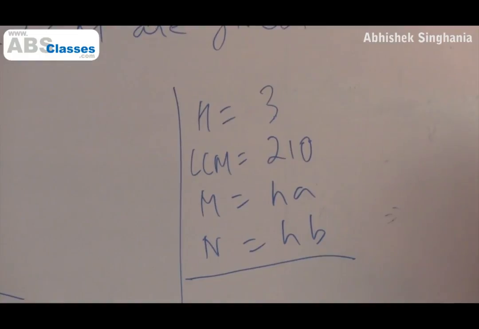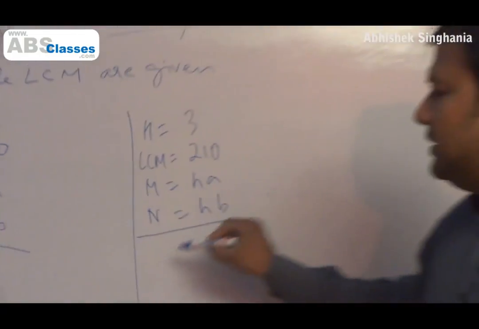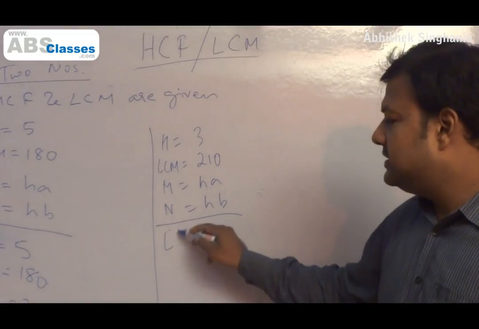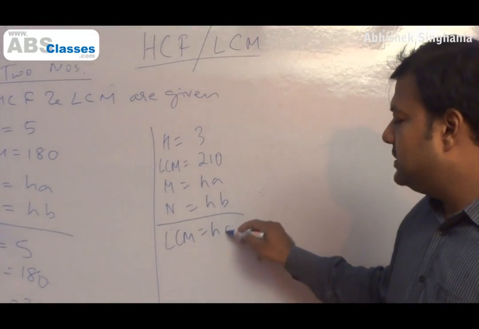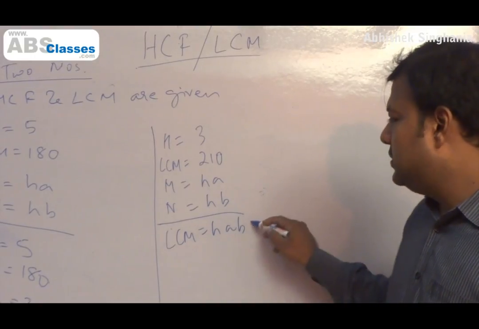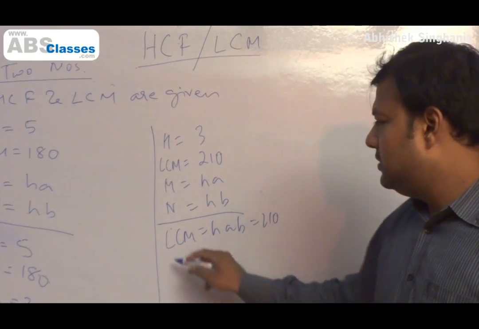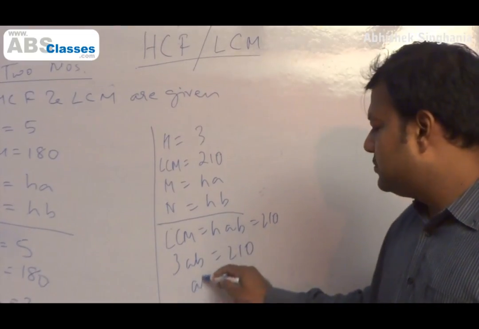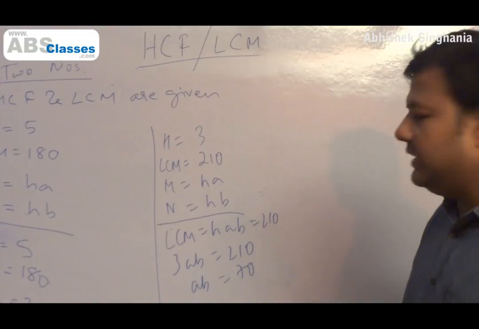HCF is 3, LCM is 210, but LCM is equal to HAB, the HCF and the product of co-prime numbers, which is equal to 210. So 3AB is equal to 210, so AB is equal to 70.